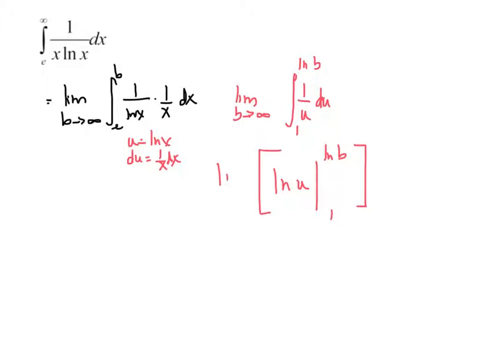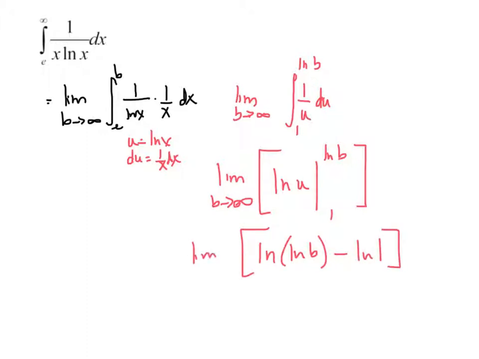We're doing the limit as b approaches infinity. So the natural log of the natural log of b minus the natural log of 1, just substituting that in. Remember, improper integrals are really similar in so many ways to our old antiderivatives. It's only the notation that's maybe a little tricky.